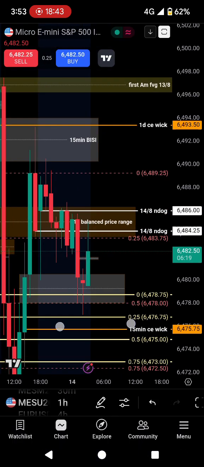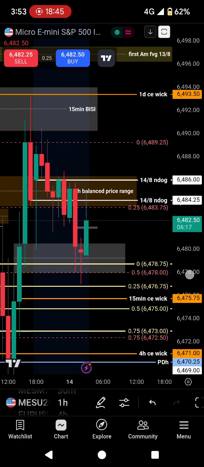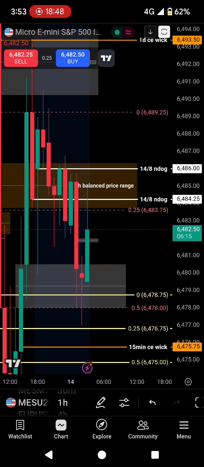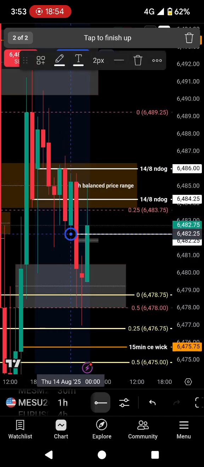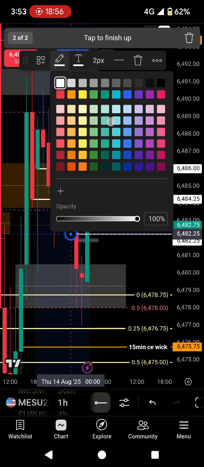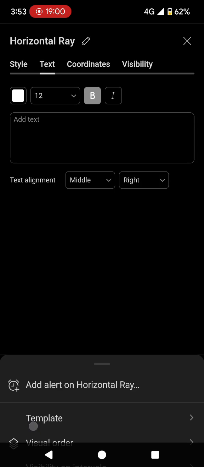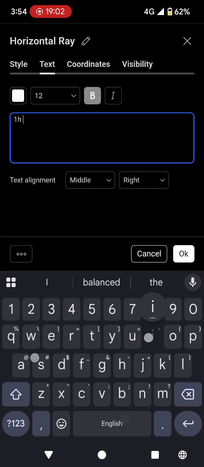The fact that we rejected low from here tells me what? Bearishness. So we are in that 1150 macro. Draw this out here, this 1 hour. Let's make it this color, to 1 hour CB high.